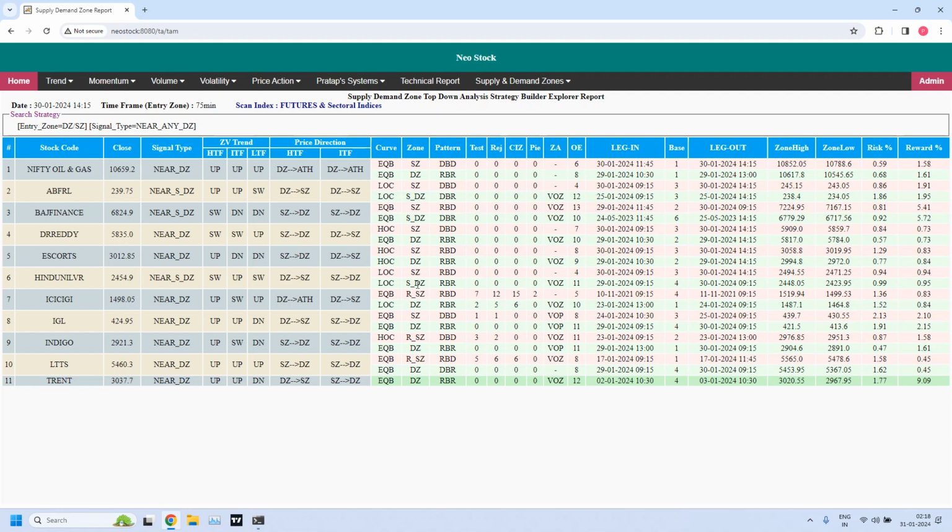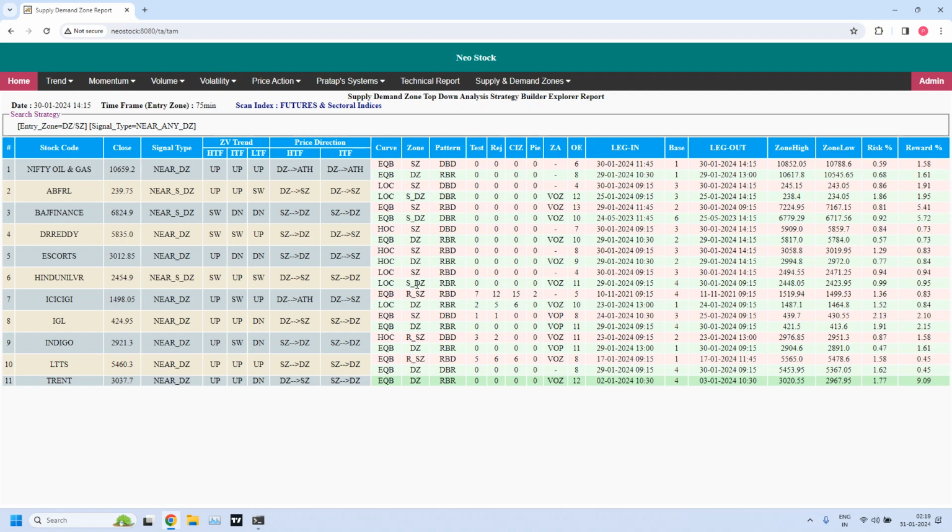Remember, with fresh zones, you have to properly fine-tune the zone because they are very fresh. If the structure of the zones is not good, definitely the zones will be violated. Just because these are fresh zones, you should not think they work very well. How do you know the price structure is good?